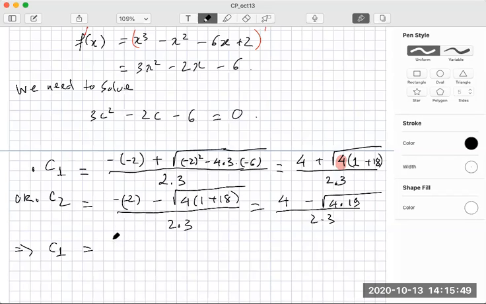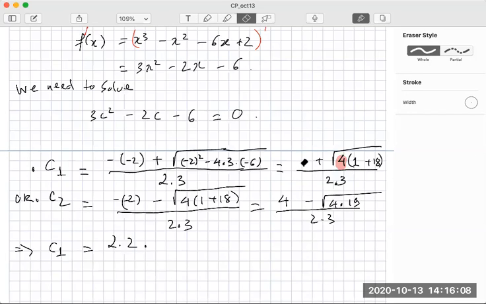So it is very good, but let me just write it slowly. 4 is 2 times 2, right? Good job.